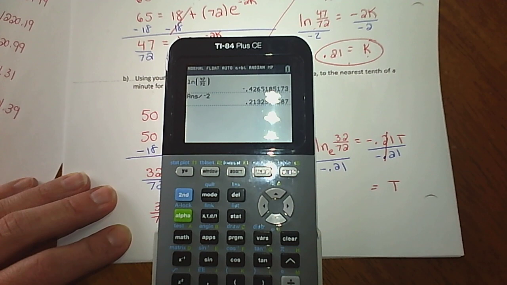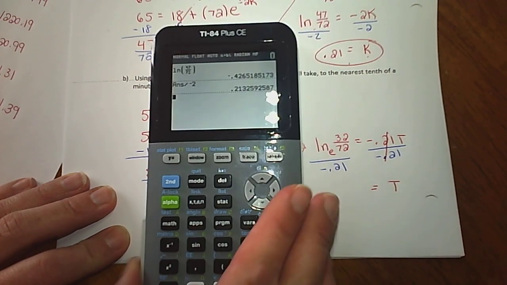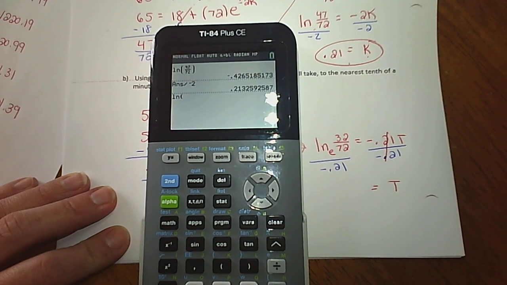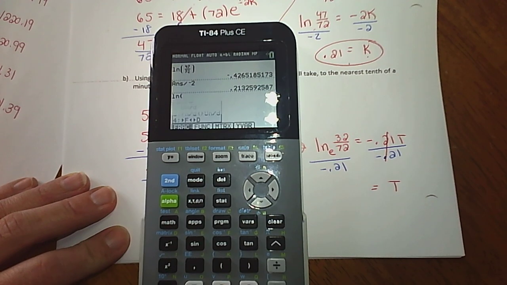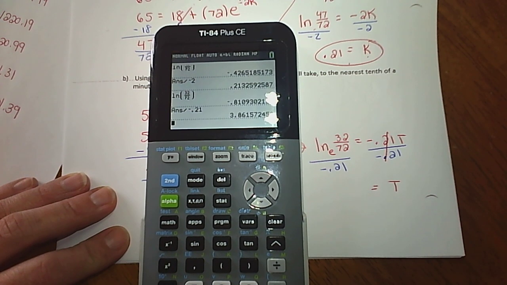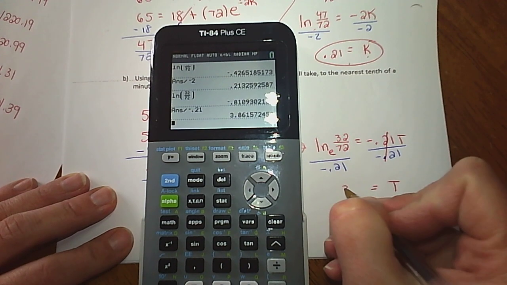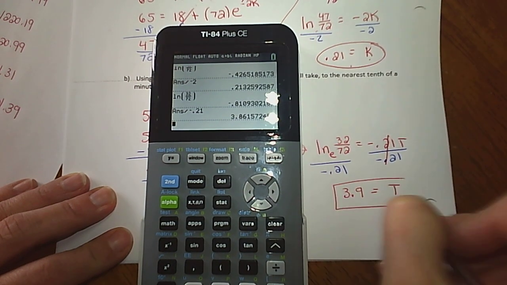So let's see what we get here. Natural log, fraction button, 32 over 72, enter, divided by negative 0.21. And I want it to the nearest tenth, so it's 3.9.